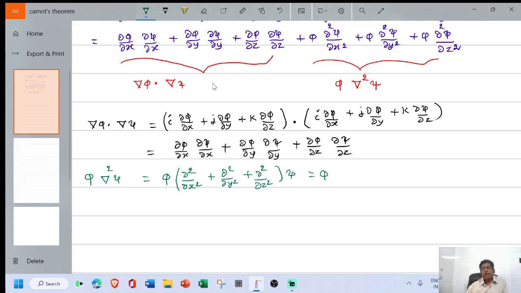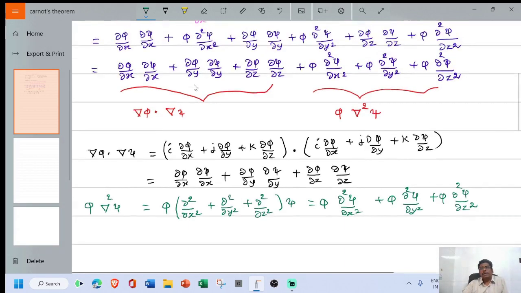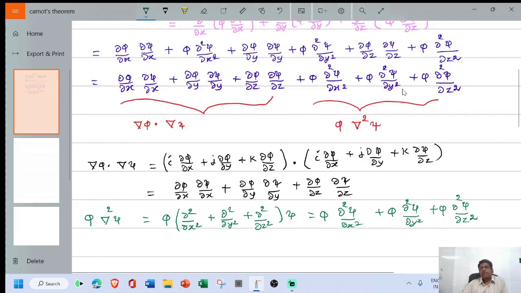Then we get phi dou square psi by dou x square plus phi dou square psi by dou y square plus phi dou square psi by dou z square. These three terms are replaced by phi into del square psi.